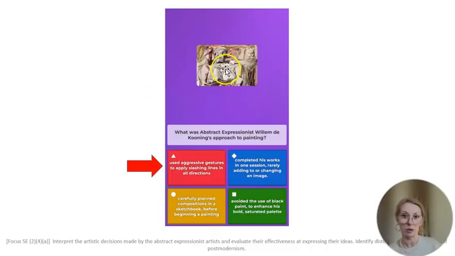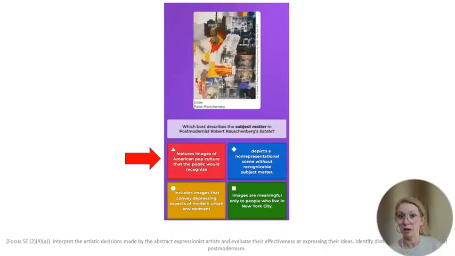Remember, we just looked at this one a minute ago. The one where everybody screamed. Okay, which best describes the subject matter in Rauschenberg's Estate? It features images of American pop culture that the public would recognize. Again, if you open this up, you'll see that there are almost magazine pictures in here. If you can, try to make that a little bit bigger, or just look it up, Estate by Rauschenberg.